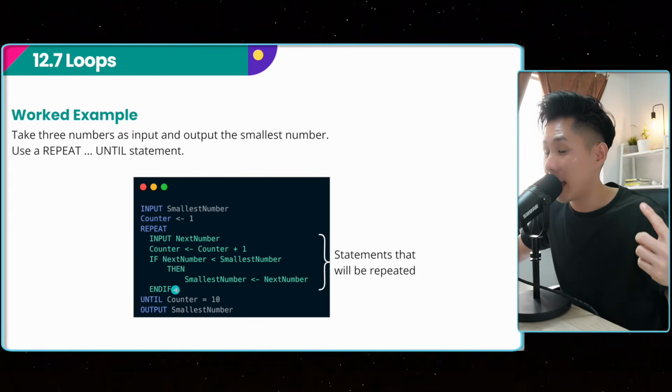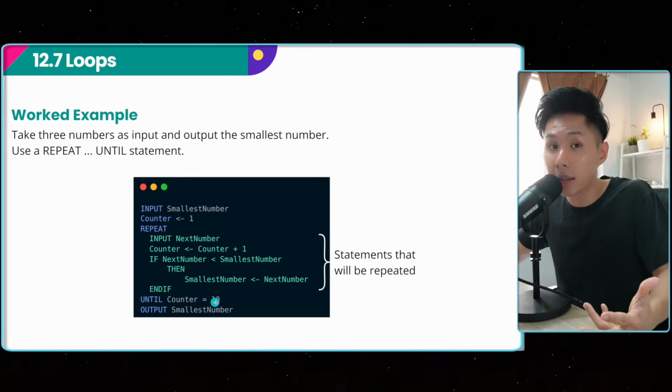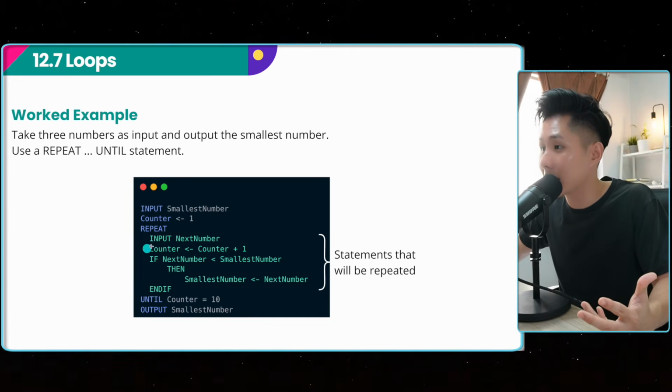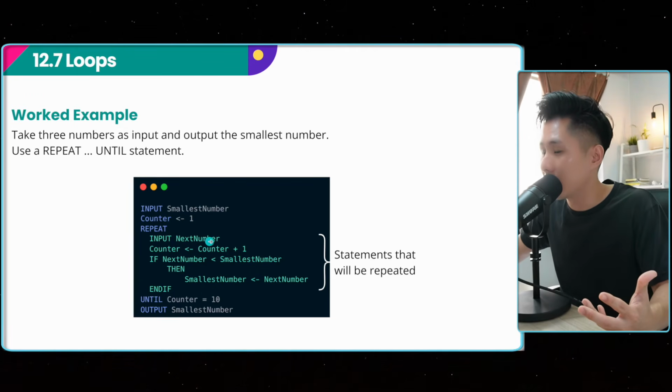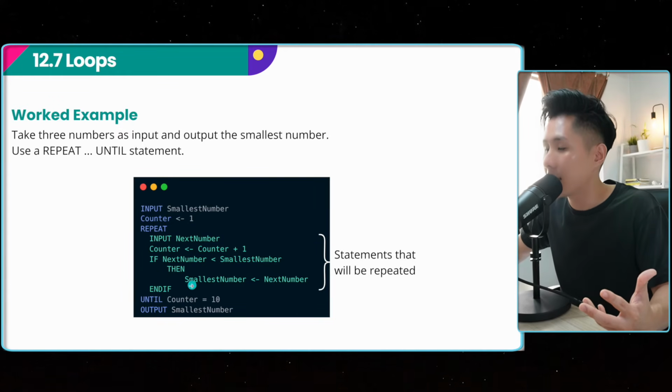So after the if, now my counter is equal to 2 since I've just incremented. So it's not 10. So the program will go back to this line here and execute it again. Again. Now the counter is 3. I'm going to go back. Again. I'm going to go back.